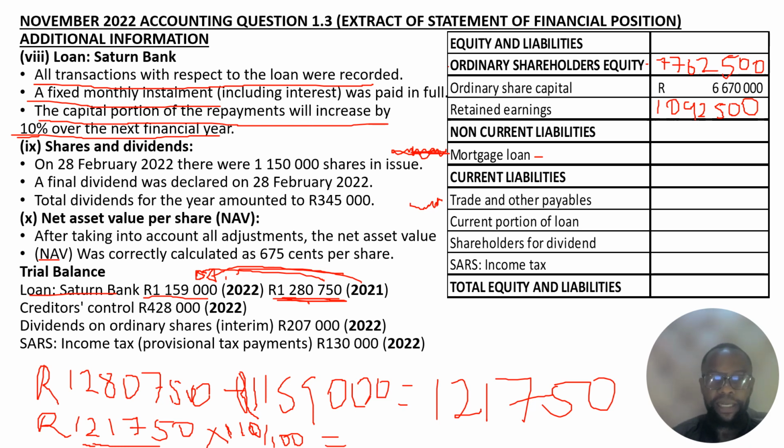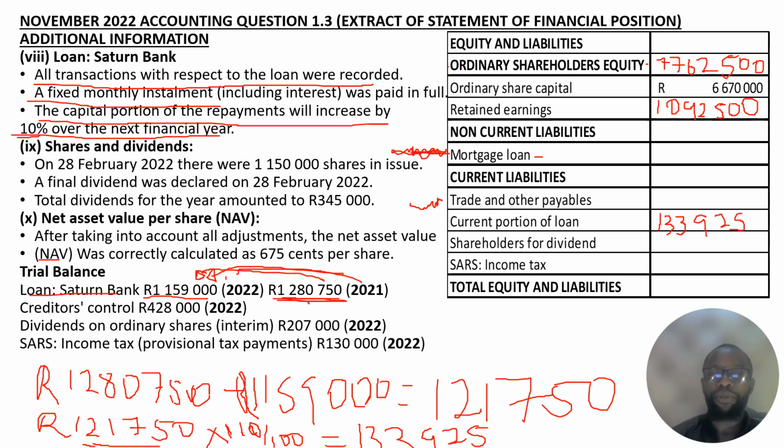So in this current year, we are going to deduct 133,925. So the current portion for this year is 133,925.